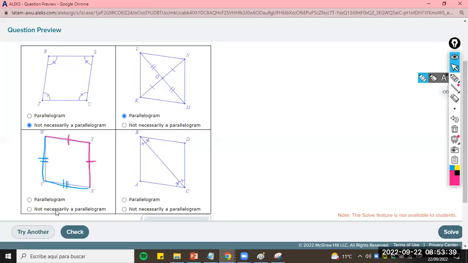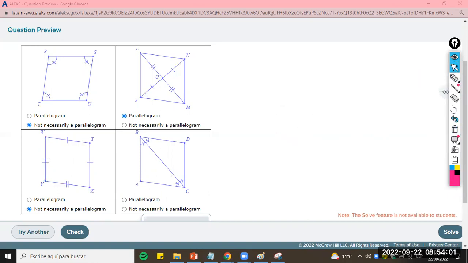So it is not necessarily a parallelogram. What could go wrong in here? For example, this side and this side have the same length, and this side and this side have the same length. So it is not a parallelogram. Okay.